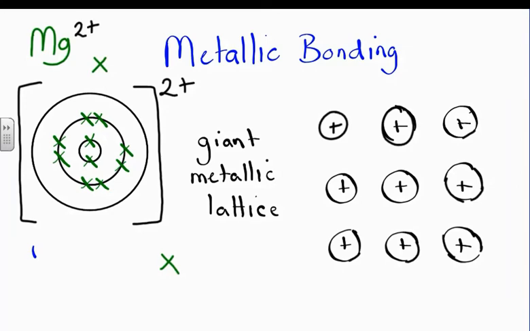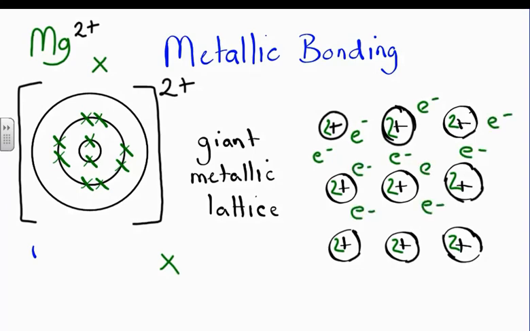So all these ions present in our metallic lattice are 2+ ions now, and that means we also have 2 electrons that have been lost per ion. So we end up having more electrons surrounding those ions than we did in the sodium structure. So for every positive ion, we'll have 2 electrons present.